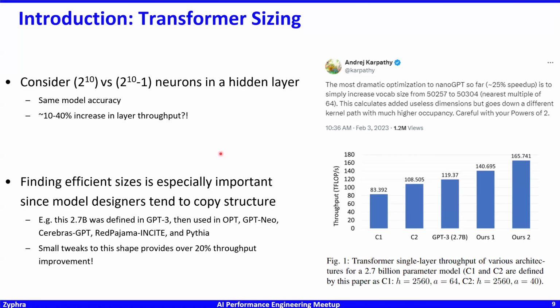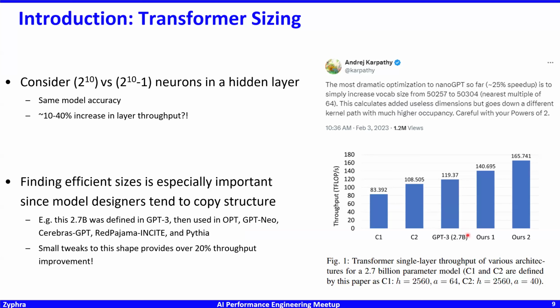Finding efficient sizes is especially important since model designers tend to copy each other. After the GPT-3 paper came out, people from Cerebras, Together AI, EleutherAI and so on, and Meta as well, were all copying this GPT-3 model. But the GPT-3 model had bad sizes for GPUs baked into it.